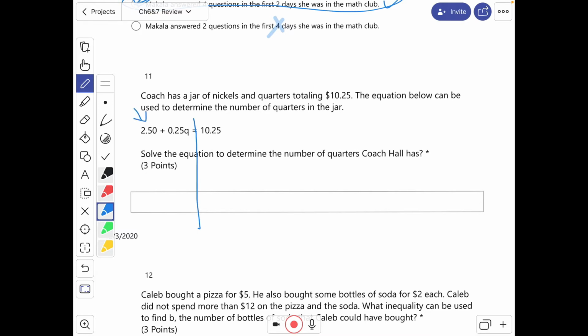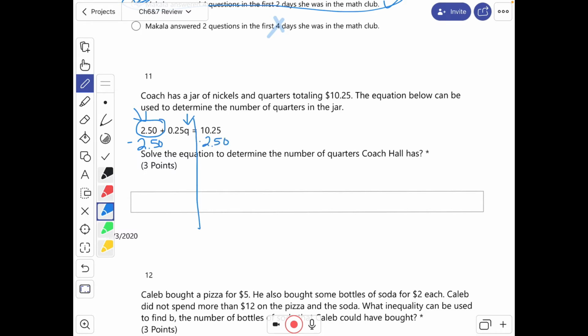So first we move the y-intercept, or the constant, the one that does not have anything next to it. No coefficient numbers. First we do the single one. So the opposite of adding $2.50 is subtracting $2.50.